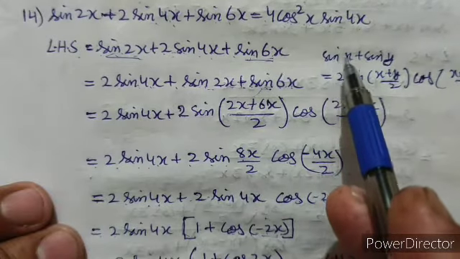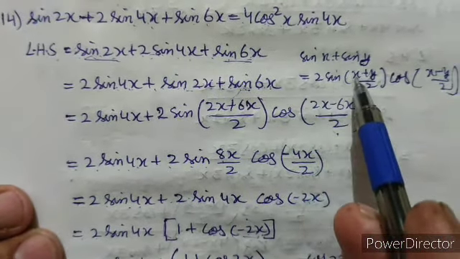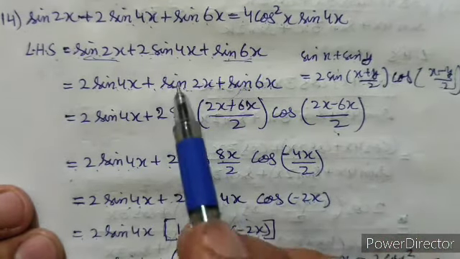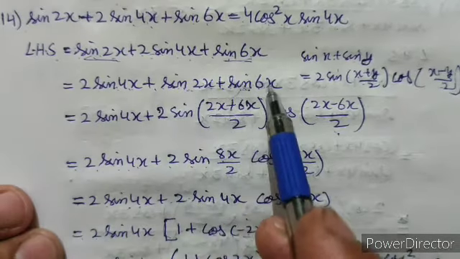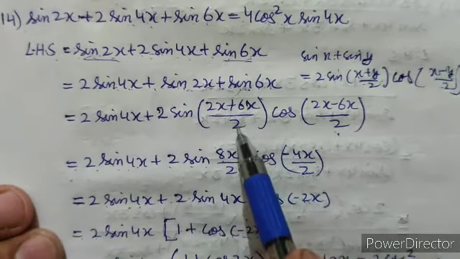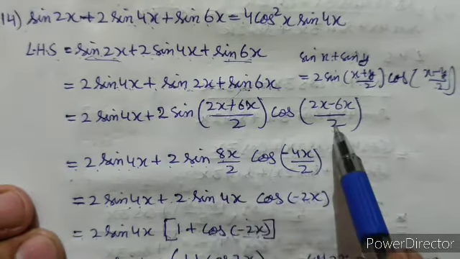As we know, sin x plus sin y is equal to 2 sin((x plus y) upon 2) into cos((x minus y) upon 2). So sin 2x plus sin 6x will be equal to 2 sin((2x plus 6x) upon 2) into cos((2x minus 6x) upon 2).